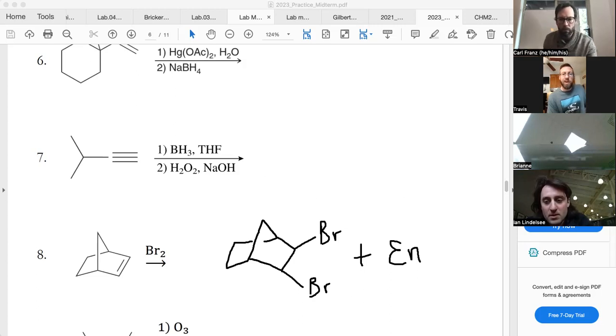And if there was a platinum or palladium or whatever, then that's just hydrogenation, right? That's just adding the hydrogens. Yeah, but it would be from that coating of platinum or palladium, and so it would be a syn addition. Yeah. Okay, cool.